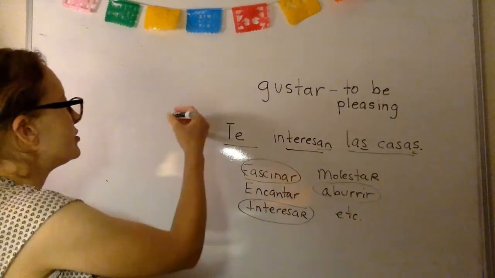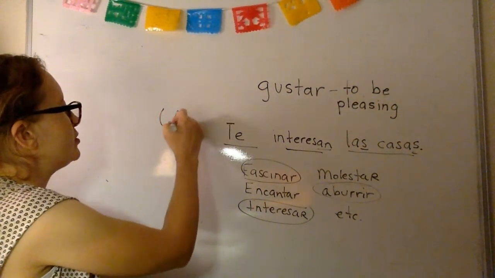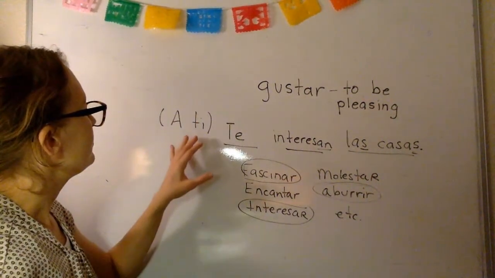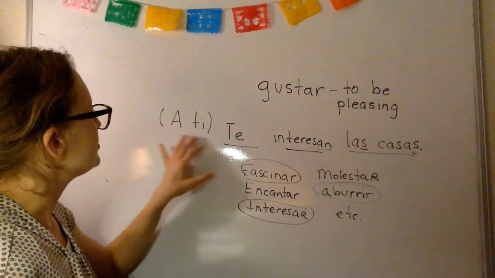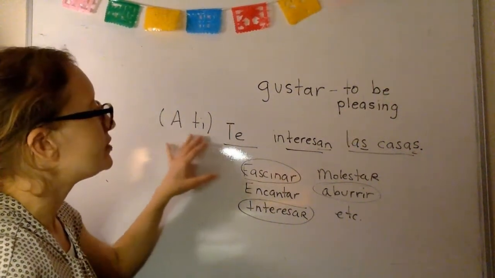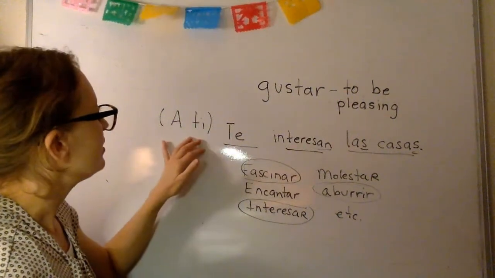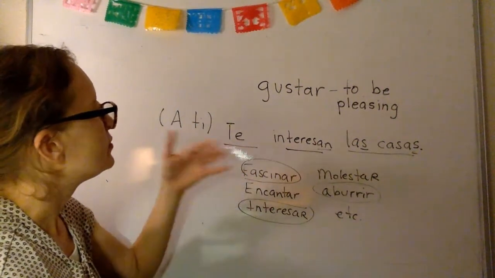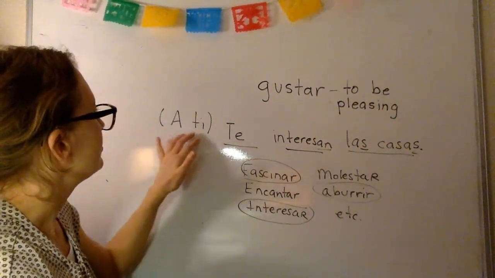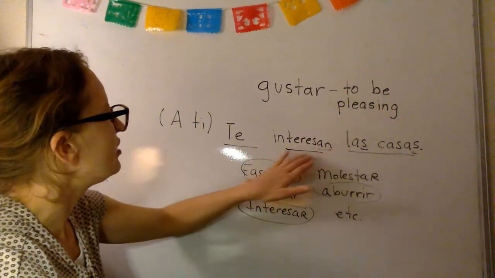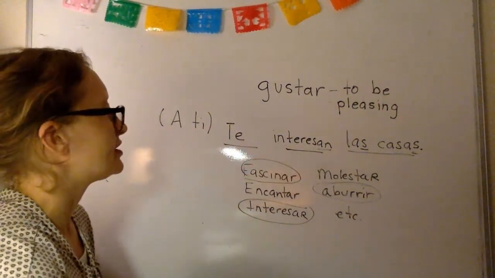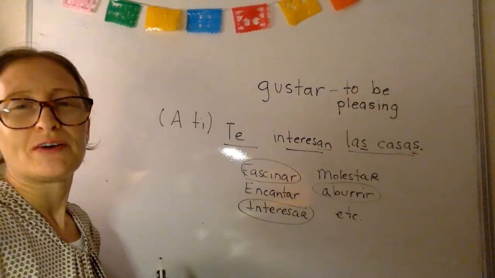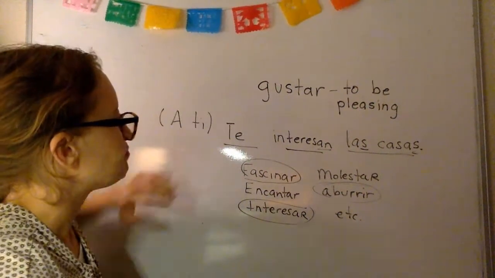And then if you want to be more specific or emphatic, you can put a little redundancy to specify who is being interested, or who is doing the liking, or who is receiving the action of the verb. Houses are interesting to you. A ti te interesan las casas. This would be emphatic. You like houses. So otherwise you can just leave it like this.